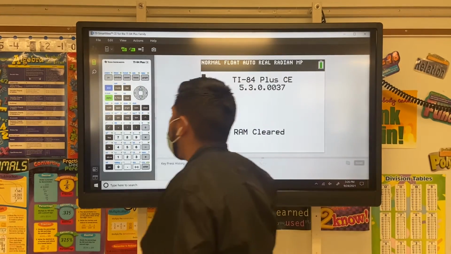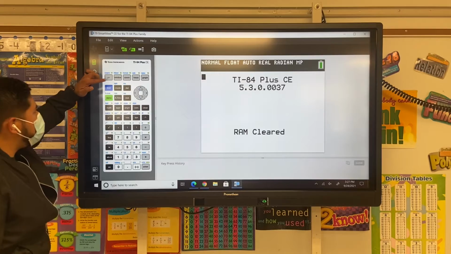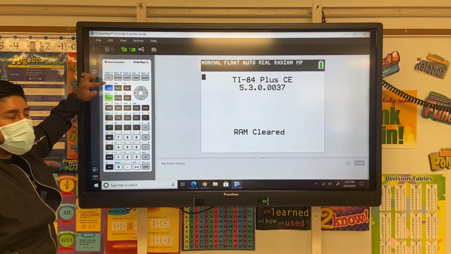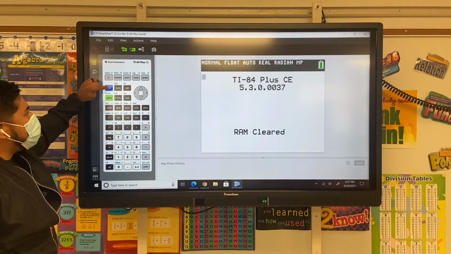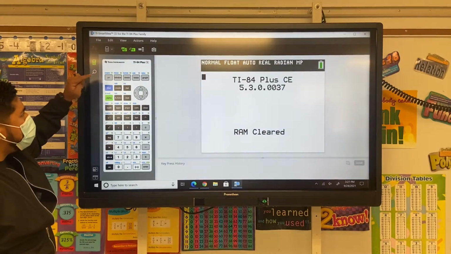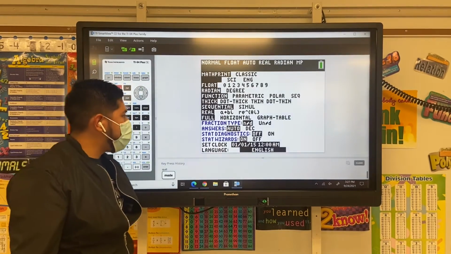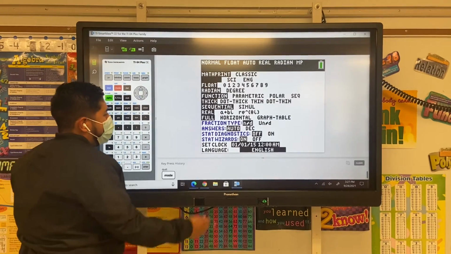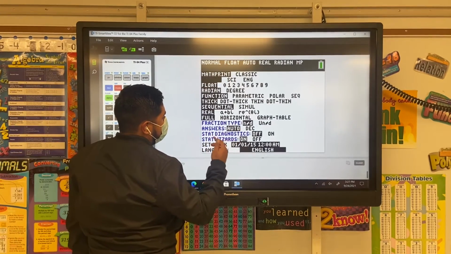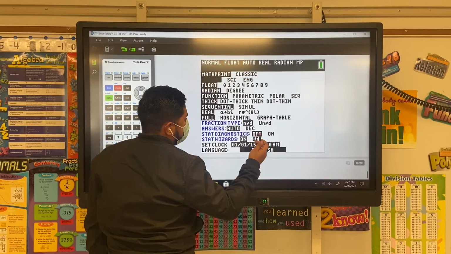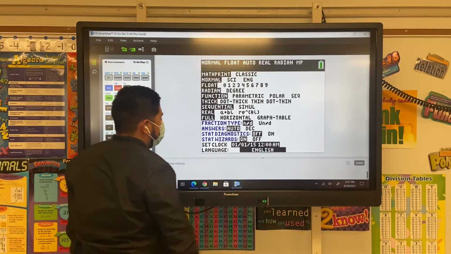How do I get there? You will press the mode button that's right next to the second button, taking our time. It says M-O-D-E. Pressing mode, we should see a bunch of gibberish. On the bottom right, it says stat diagnostics, and yours is probably off. You must turn it on.